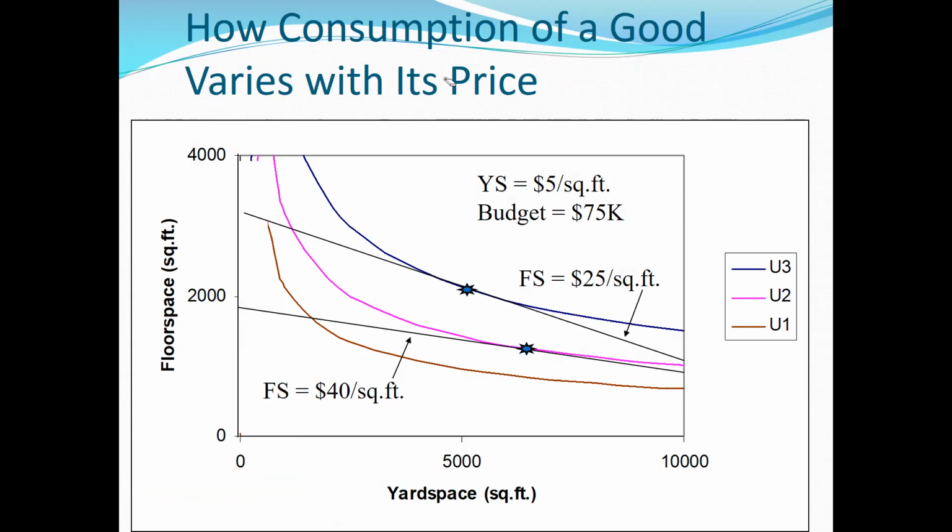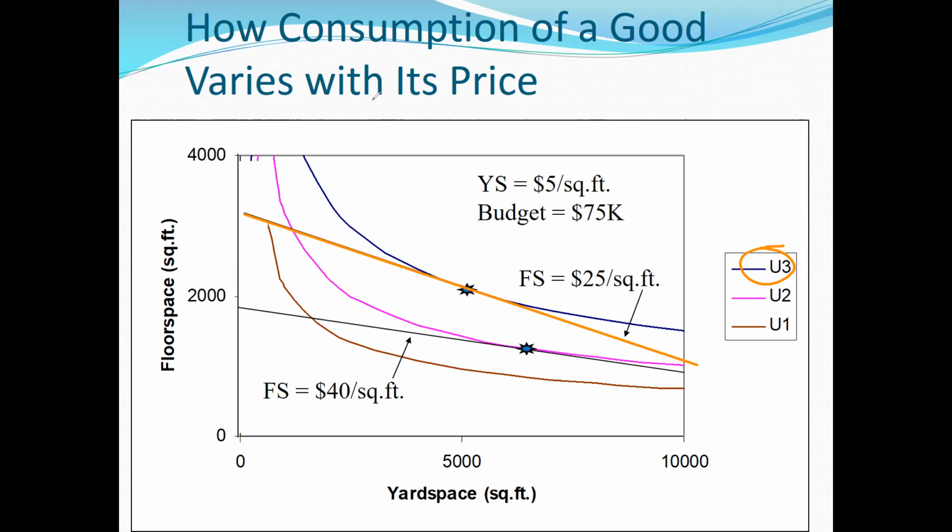Okay, so now let's see, I'm going to annotate with this. When the floor space was selling for $25 per square feet, and this was your curve, then you could get this U3 utility for yourself at $75,000.